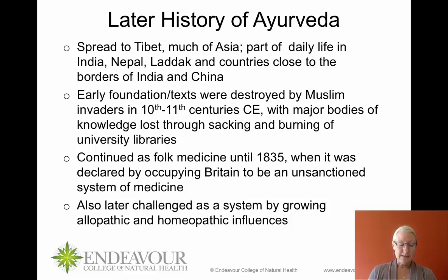And in some instances, the destruction of the university libraries left only Tibetan translations of the texts for much of ancient Ayurveda. So translations had been made into Tibet prior to the Muslims sacking the libraries and burning them. And so those then had to be translated back into Sanskrit for use by the Indian culture.